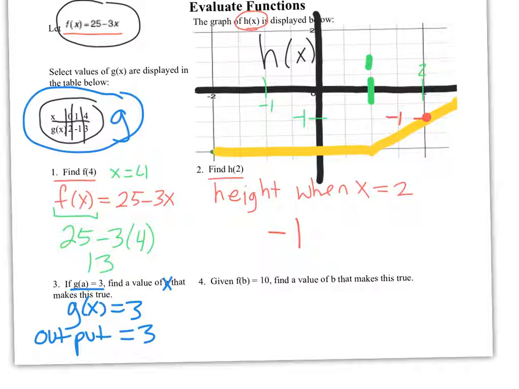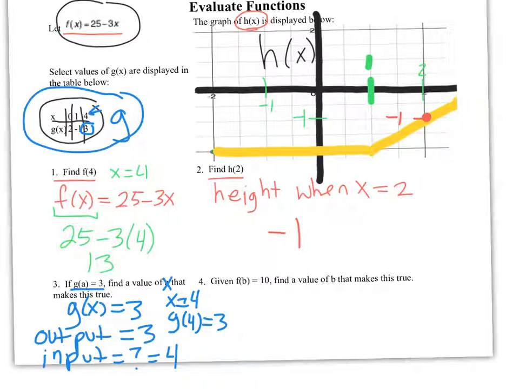We want to find the input that makes this true. And in this case, the output is 3 when the input is 4. So I would have accepted this as x equals 4 or a equals 4 if you left that variable in. I also would have accepted this as g of 4 is equal to 3. That would be fine, or just if you wrote 4, you'd get credit for that as well.